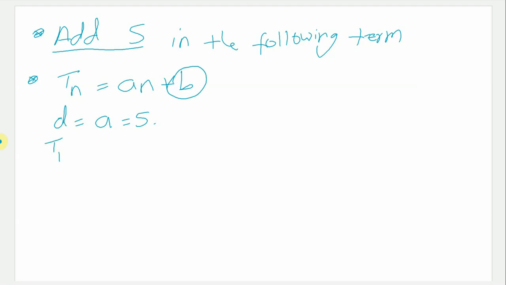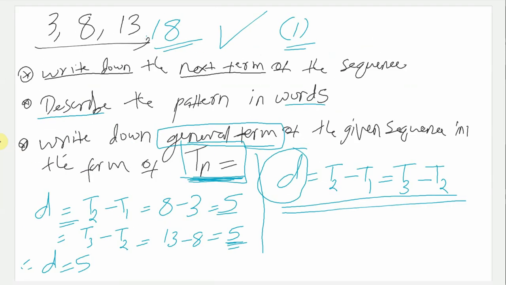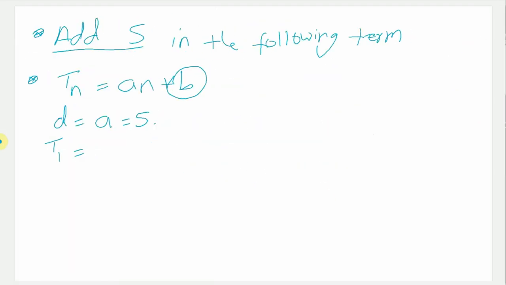Starting with T1. We know that T1 is equal to 3. So using this formula, we know that T1 is equal to, the value of A is 5, and we don't know the value of B, but I can substitute T1 by 3.